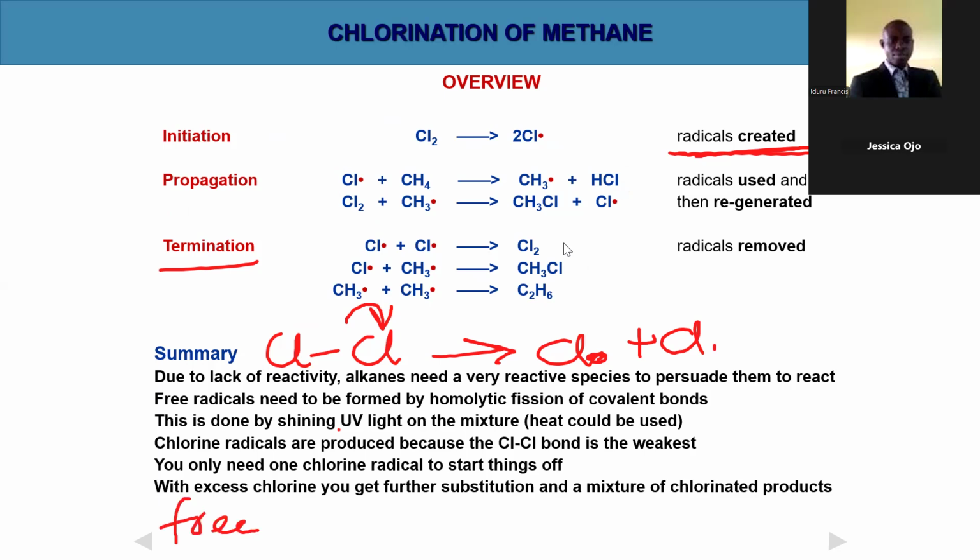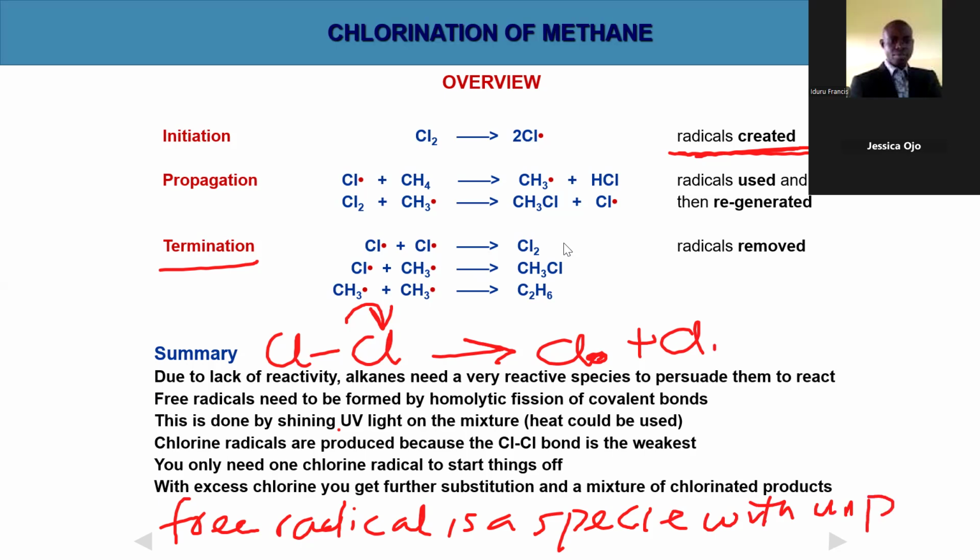A free radical is a species. It's never a molecule. It's a species with unpaired electrons, or a species with an odd number of electrons.